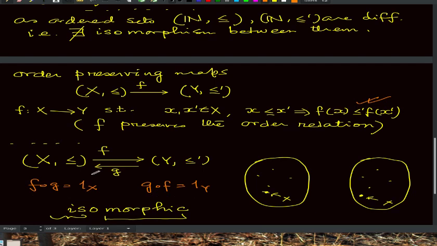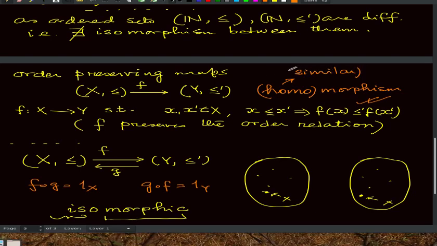And the word homomorphism will be used. So such things are often called homomorphisms, or morphisms. The word homo means similar, of the same type, of the same kind. So that's when we speak about homomorphism.